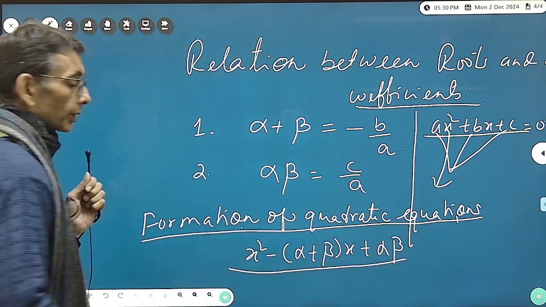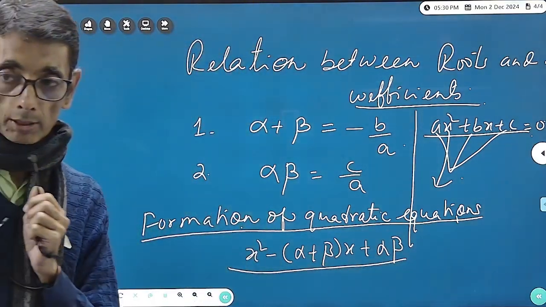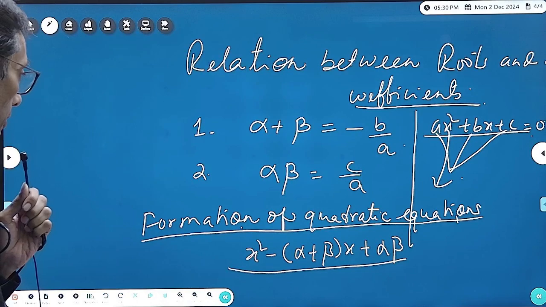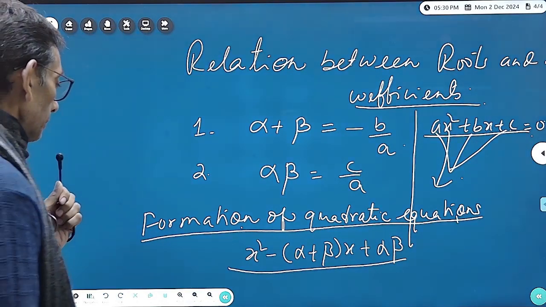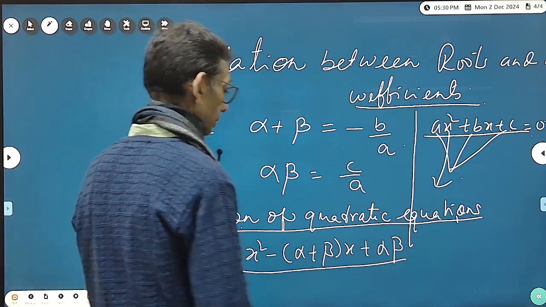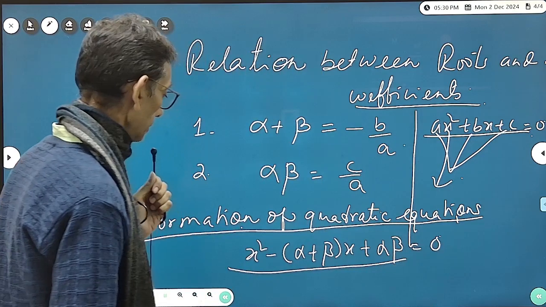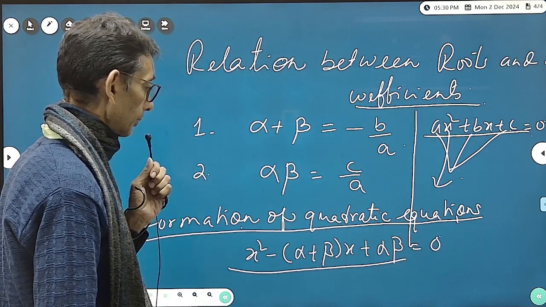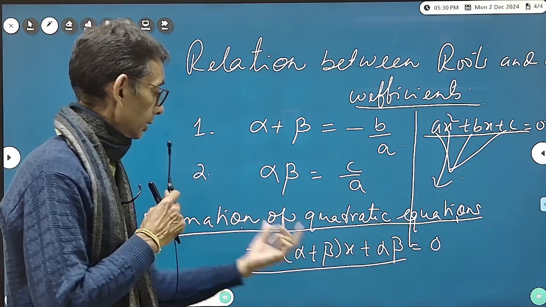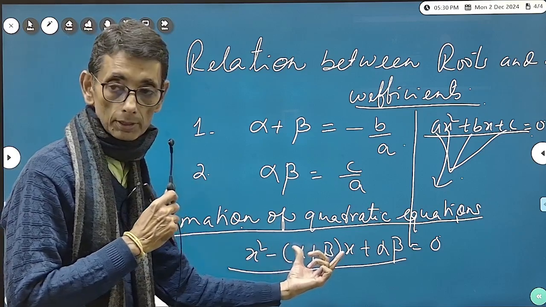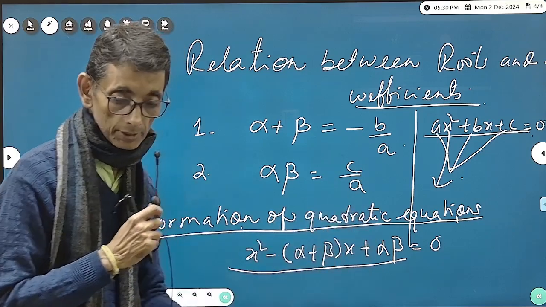This is the way you can form an equation. That means x square minus the sum of the roots into x plus the product of the roots.